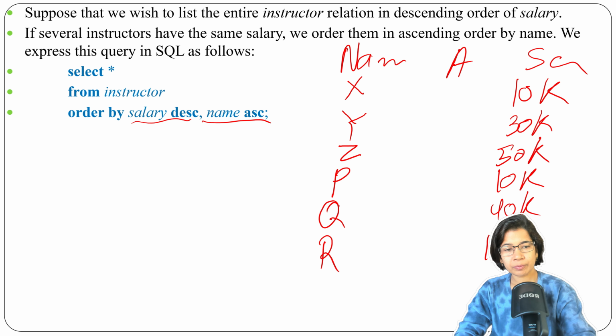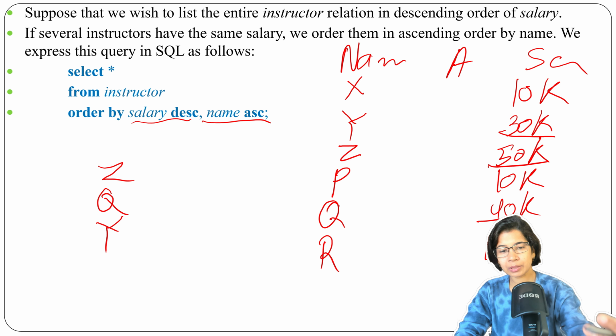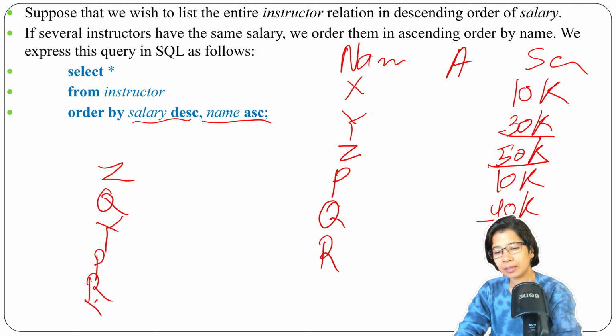Now in the output, first it will show Z, then Q, as Q is 40K, then Y, which is 30K. Then there are three instructors whose salary is 10K: X, P, R. These three it will show in ascending order, so it will show P, R, then X.